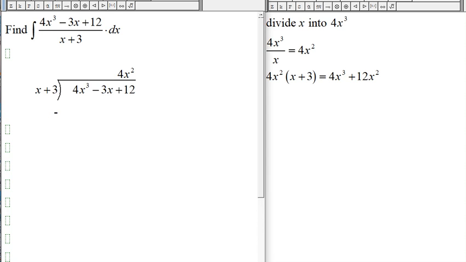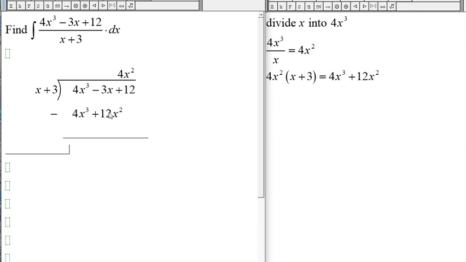And so we'll subtract. 4x to the third minus 4x to the third would be 0.